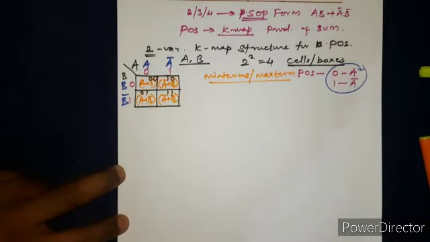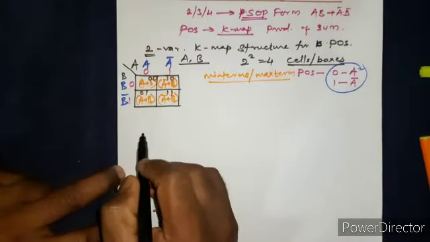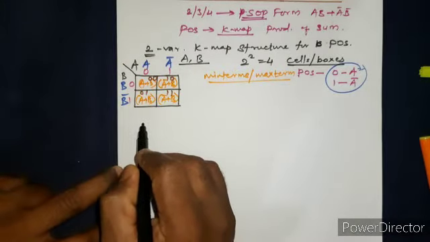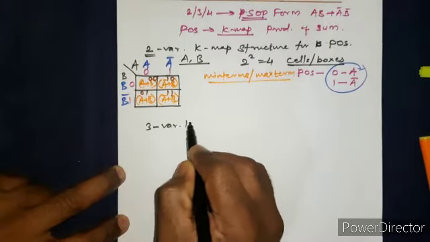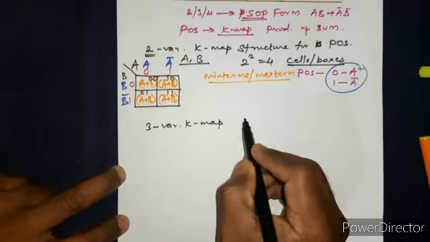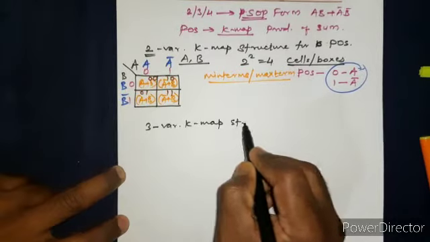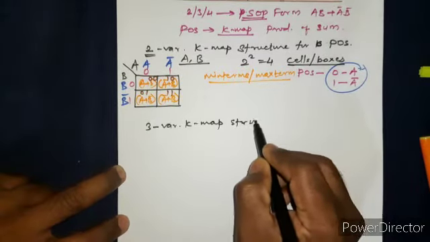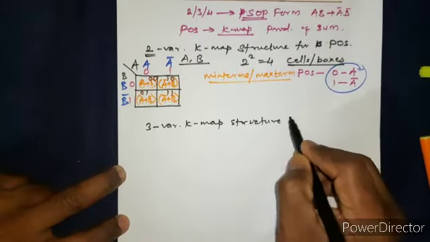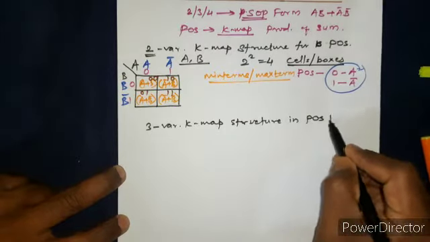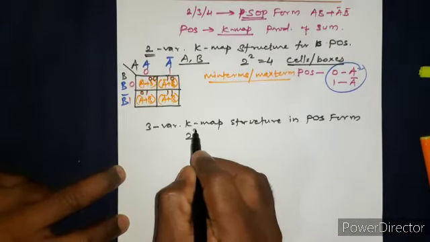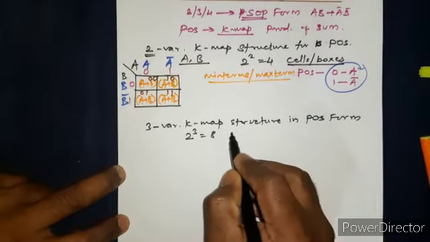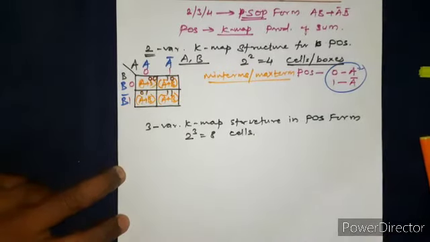Let's see for 3 variable, then we can again clearly understand. Now for the 3 variable K-map structure in POS form, just to recall, 2 raised to 3 is 8, so we'll have 8 cells.